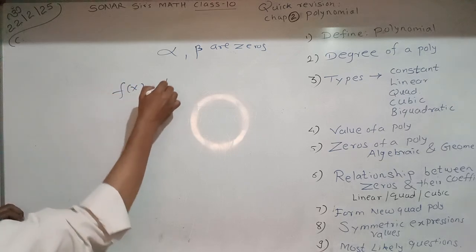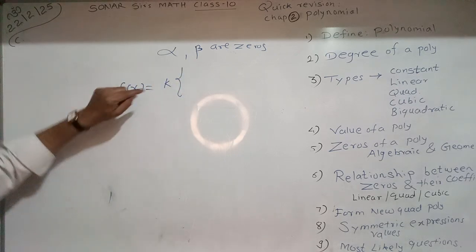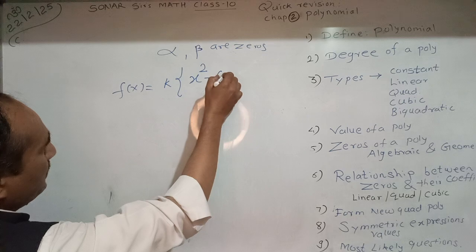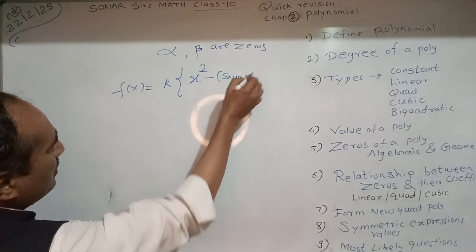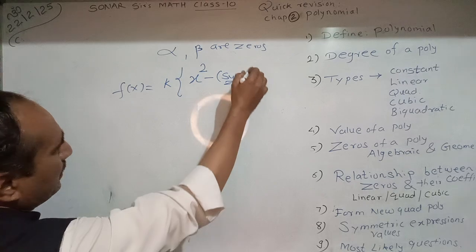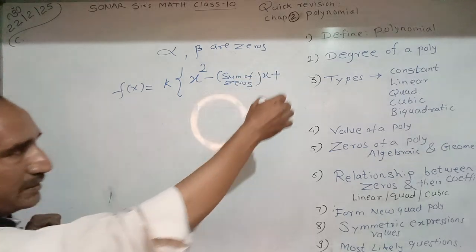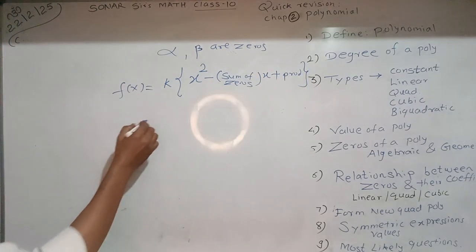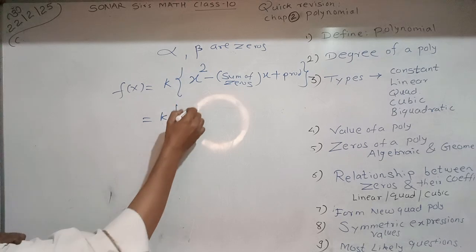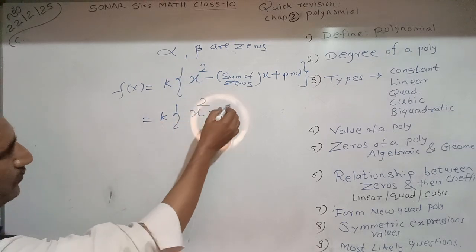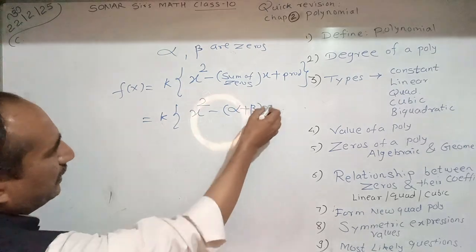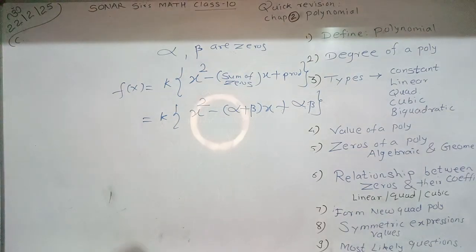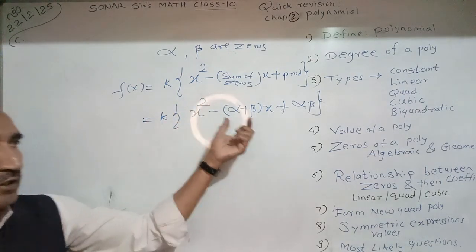We write it like this: constant k, in a curly bracket, x square minus (sum of zeros) into x plus product of zeros. We have to multiply the zeros. So in the form of alpha, beta, we write it like this: k[x square minus (alpha plus beta) x plus alpha into beta]. So you have to remember this form of the quadratic polynomial.